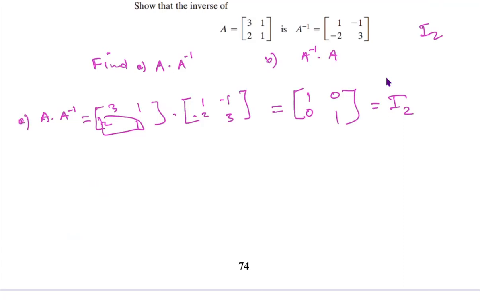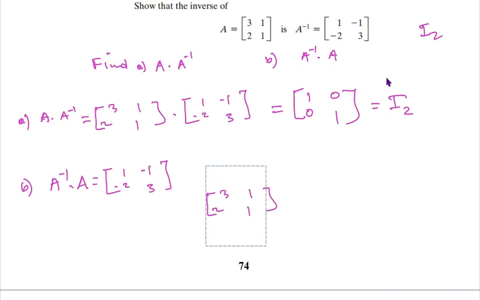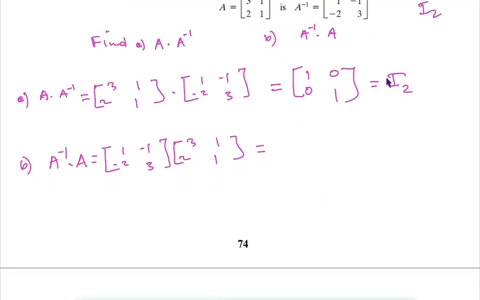Now let's see what A inverse times A is. So that's going to be the second matrix times the first one. I'm going to do this one slower.